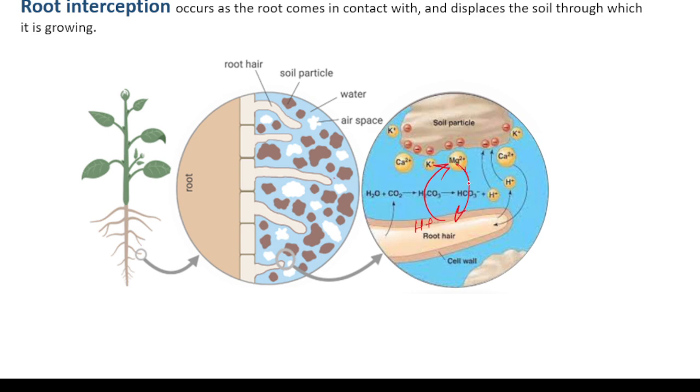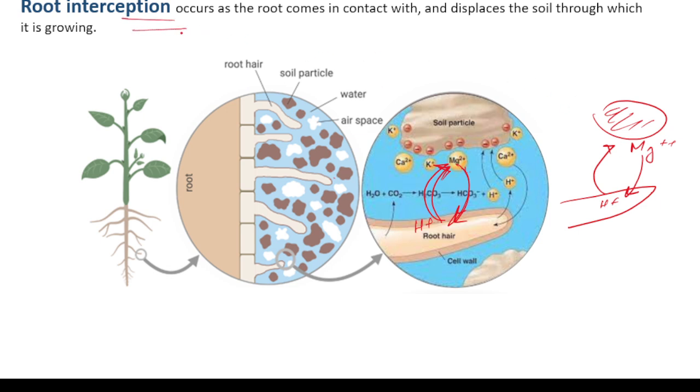So one magnesium ion comes to the root and one hydrogen ion goes out. If there is a hydrogen ion at the root and a magnesium ion on the clay, the hydrogen ion goes out and the magnesium ion comes to the root. It is an exchange, a root exchange. So it is called root interception.